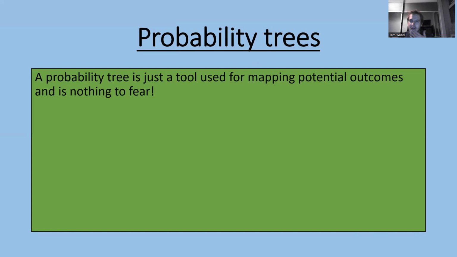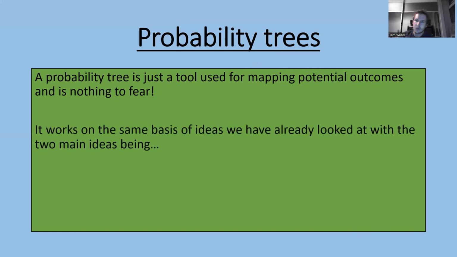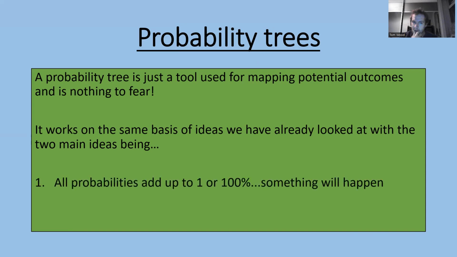A probability tree is just a way of mapping potential outcomes. And it works on the same basis and key ideas of what we've already looked at. That is essentially the 2 main ideas: all probabilities will add up to 100% if we're talking about percentage, or 1 if we're dealing with a fraction.